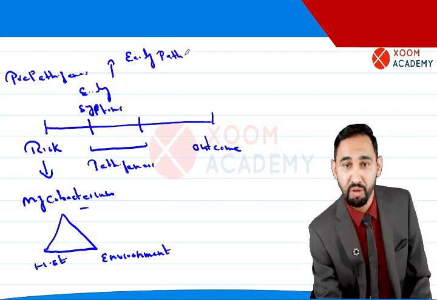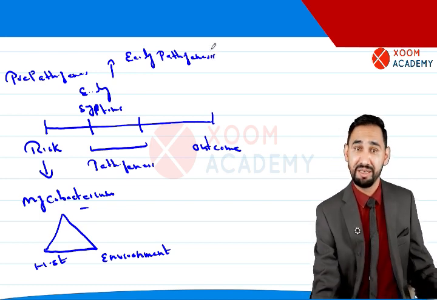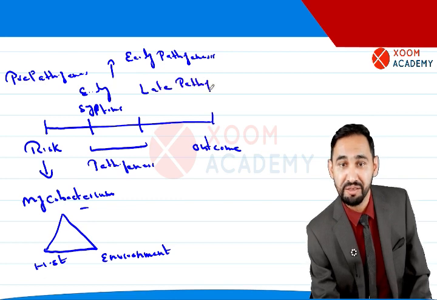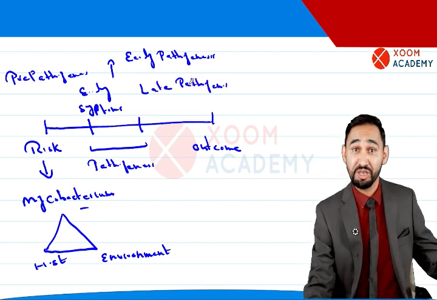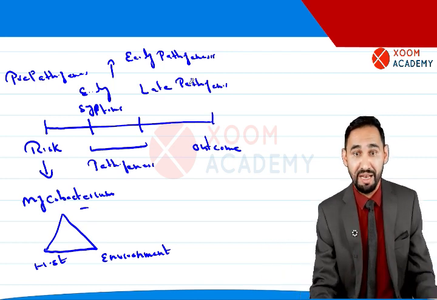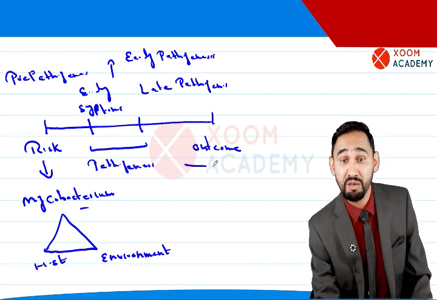If you don't stop the process here, or if you don't diagnose the disease here, it will lead to late pathogenesis. What can late pathogenesis cause? Dissemination of disease. Disease may progress, and then it can have a severe outcome.